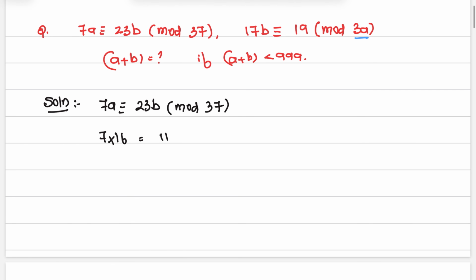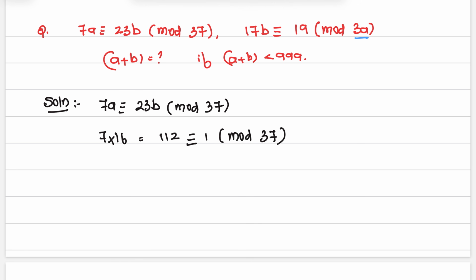It is 112. That is congruent to 1 mod 37.